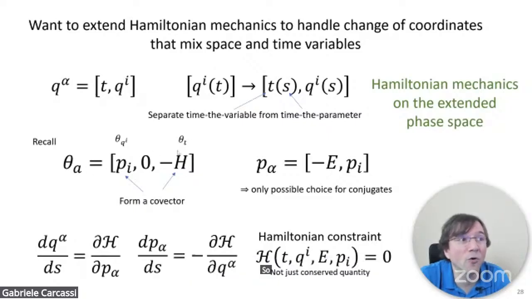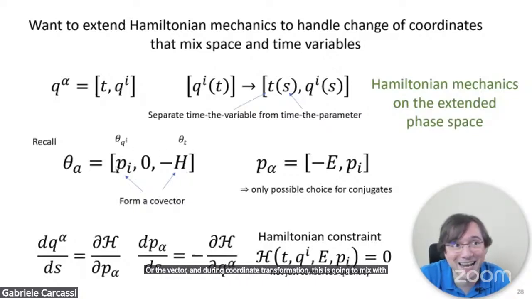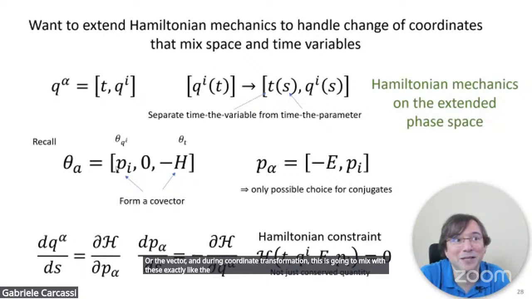So we know already that minus H is the time component of the covector, and during coordinate transformations, this is going to mix with these exactly like the time component of a covector that is only defined on position and momentum.